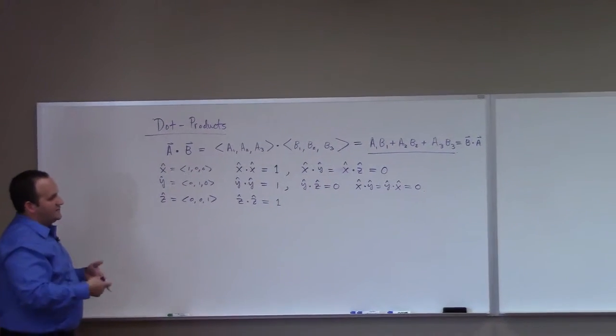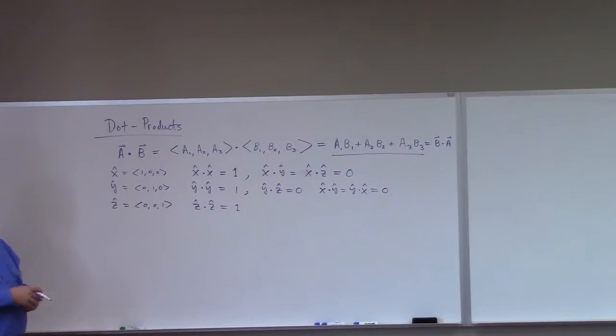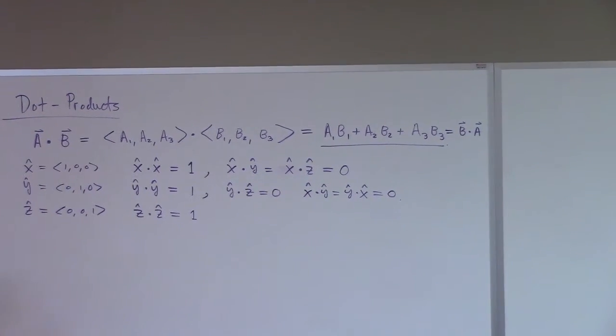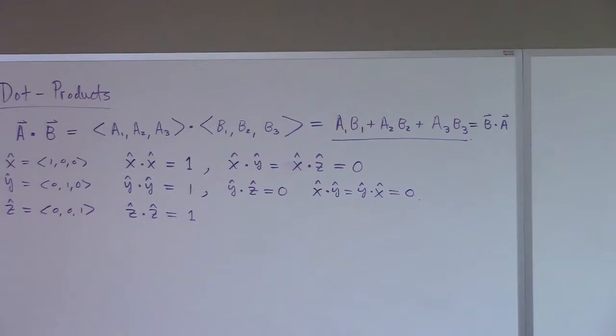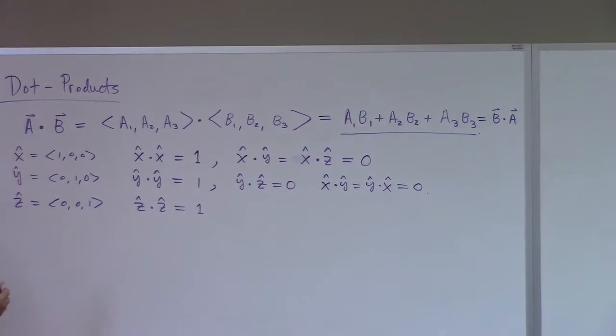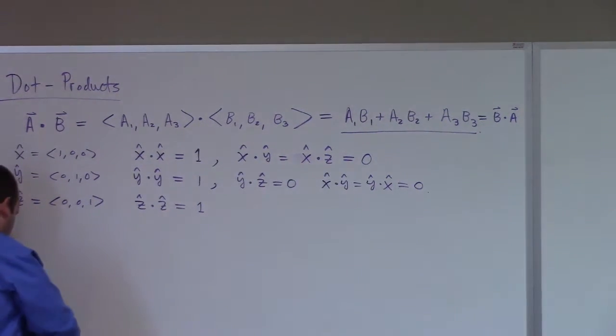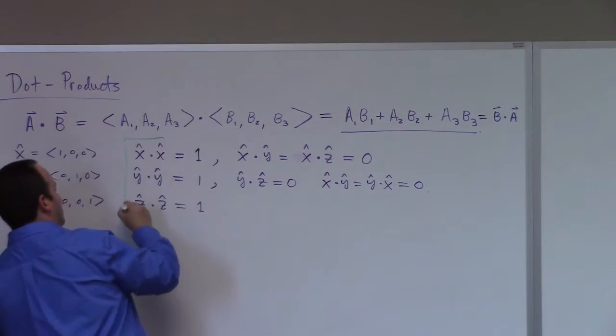I'm just collecting together all of the dot products of these little unit vectors. What I'd like to point out is we could also look at the dot product in terms of just these. Let me put them in a green box here.